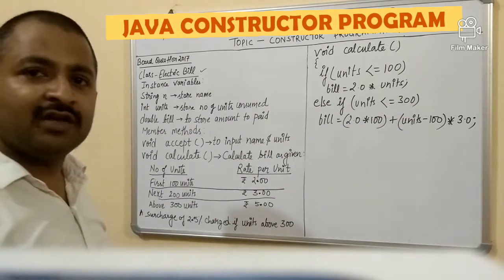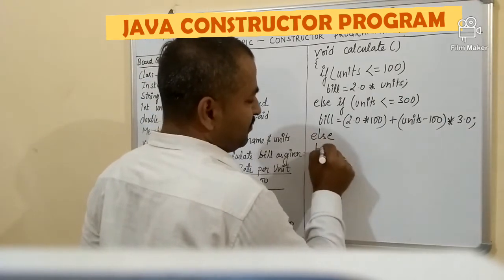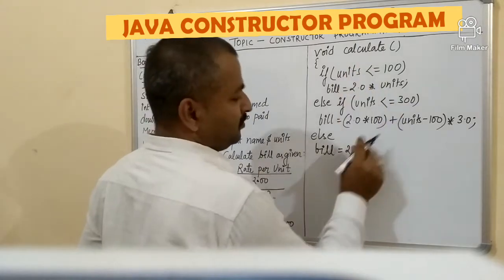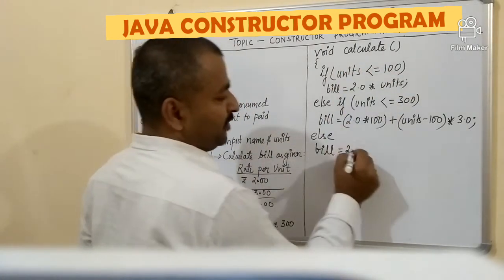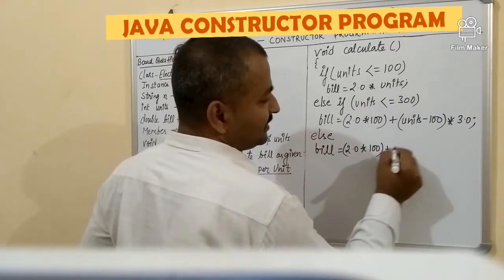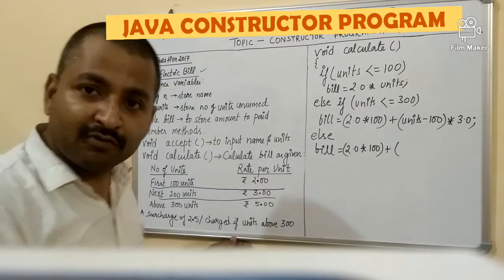So the last condition will come, in the if else ladder, else bill equals first 100 units rupees 2. So write down 2 multiply 100 plus the next 200 units calculated at the rate of rupees 3.